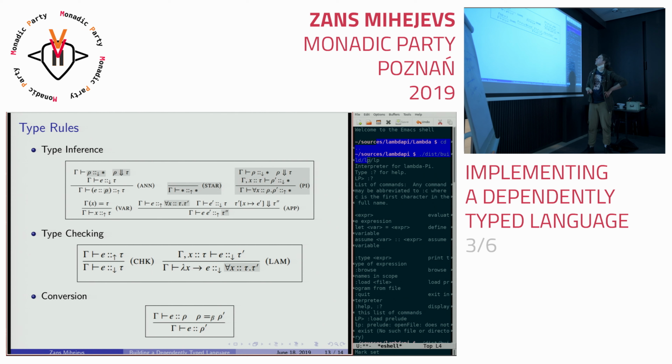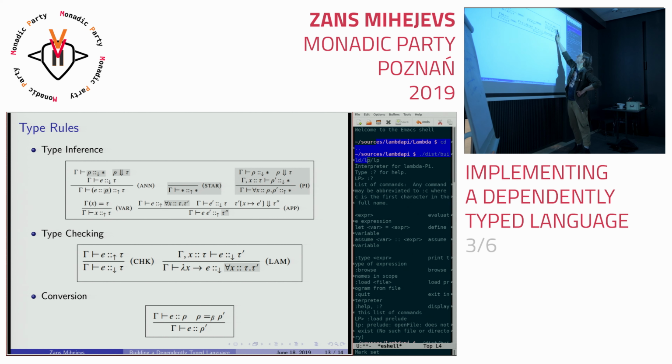To do so, we first need to check that the input rho is some kind of type, and then we evaluate it to a simplified version, and then we check that, basically the tricky bit is that x can be found in rho dash.